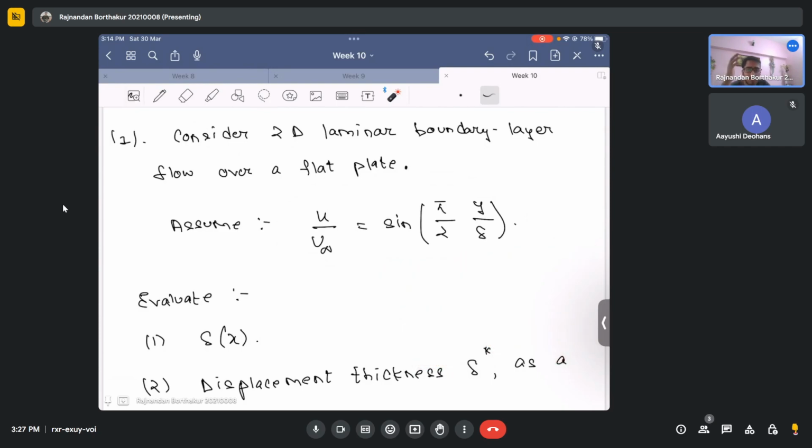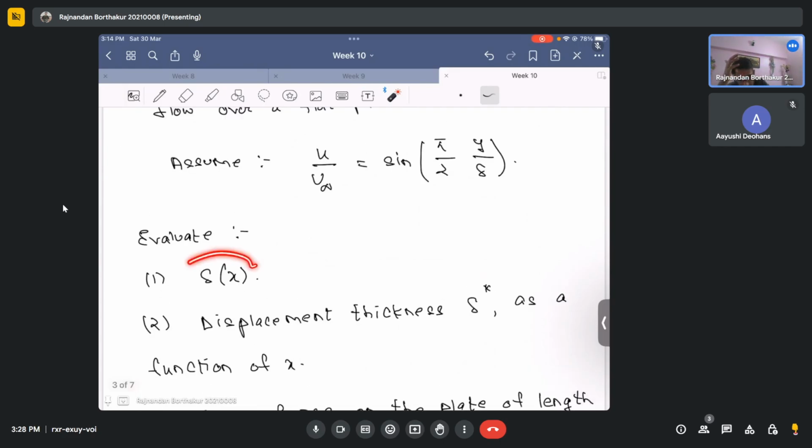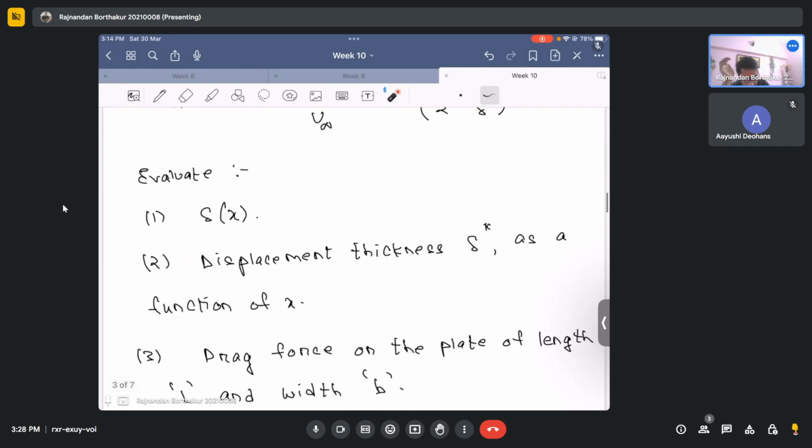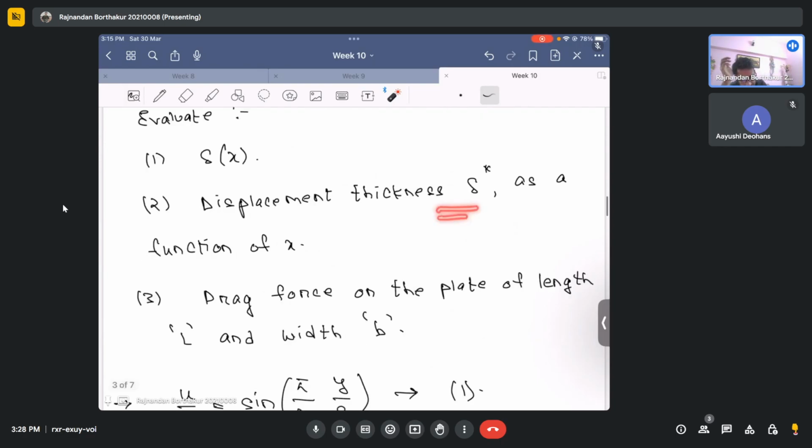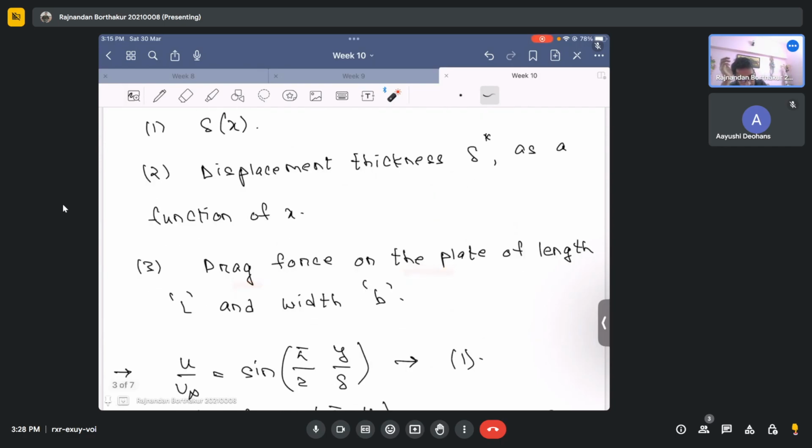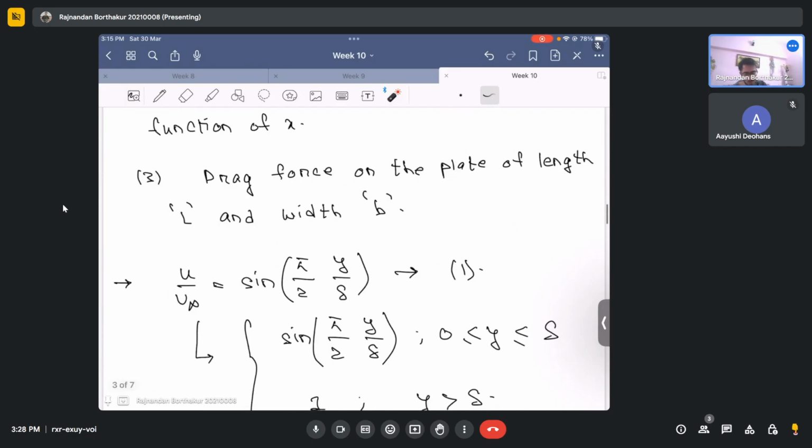These are indeed satisfied. Our first task is to evaluate how the boundary layer thickness varies along x, and the subsequent tasks are to find the displacement thickness delta star, and then the drag force on a plate of length L and width B.